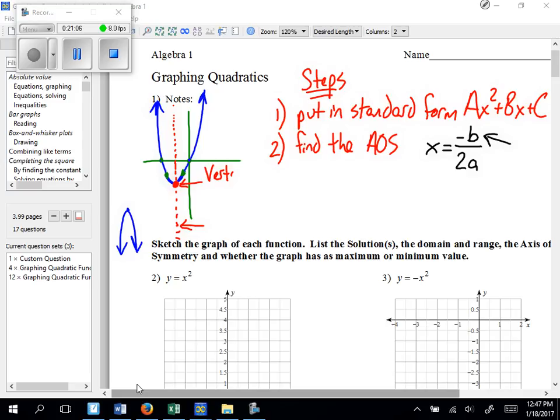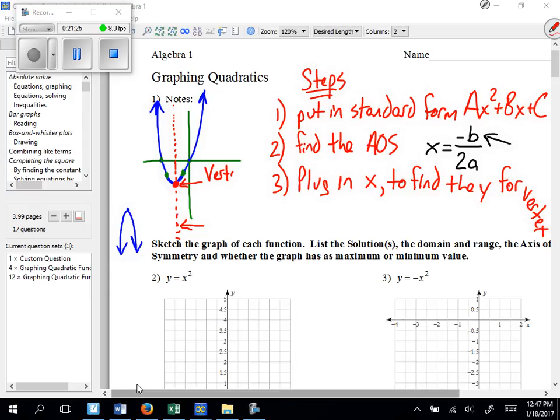Step 3, plug in your AOS or your x value to find the y for the vertex. You picture the axis of symmetry as x, and the y value that you find is the second value, so you can plot that point as your ordered pair for the vertex.